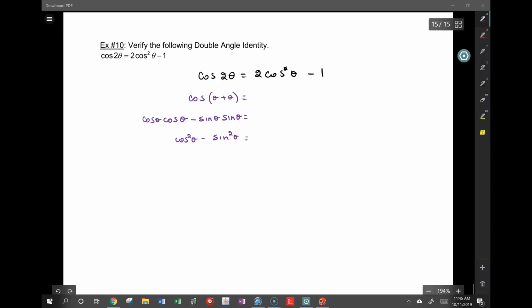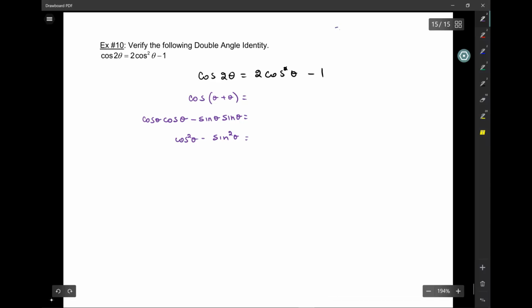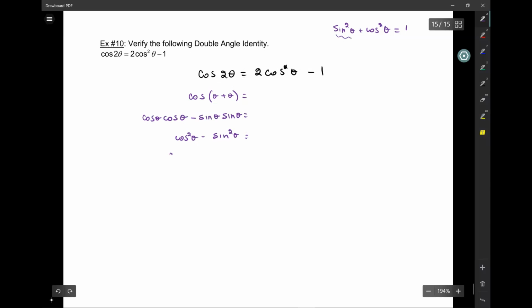Well, okay. Let's do the Pythagorean identity. Sine squared theta plus cosine squared theta is equal to 1. So how much is sine squared theta based on that? 1 minus cosine squared theta. Yeah, it's not half, they add up to 1. So this is going to be cosine squared theta minus, and now sine squared theta is 1 minus cosine squared theta.